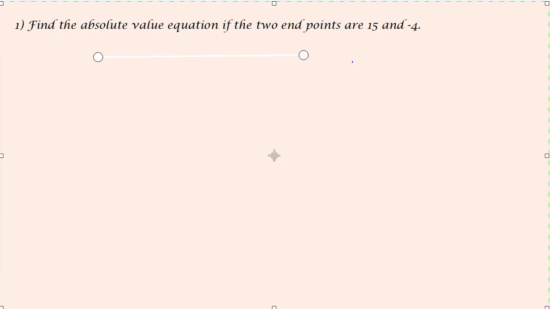I have 15 down here, and I have negative 4 down here. And so the number is going to fall somewhere on this line, and we're writing an equation to see all the different possibilities that we could have for that number. The easiest way is to find that midpoint.